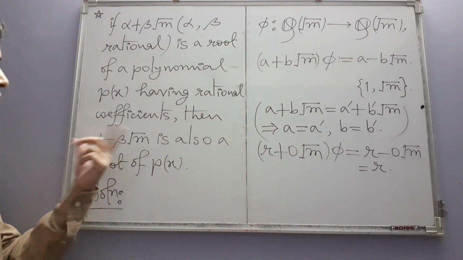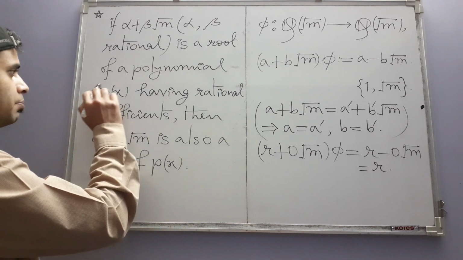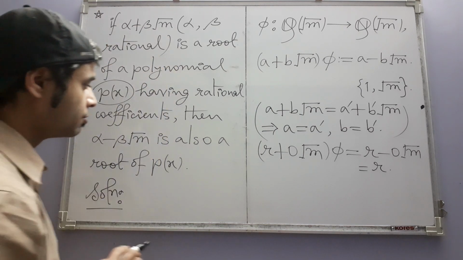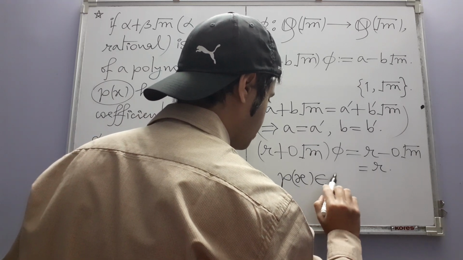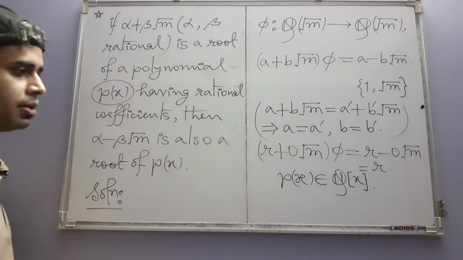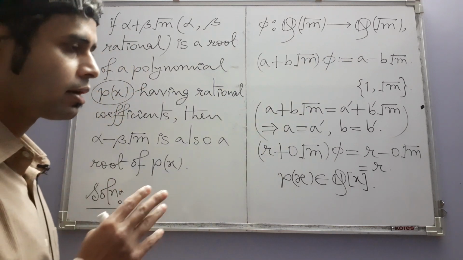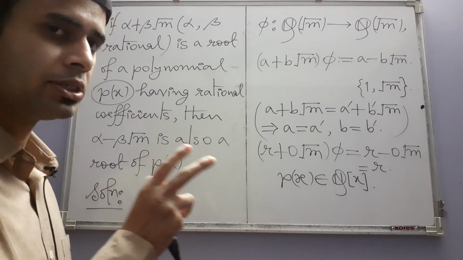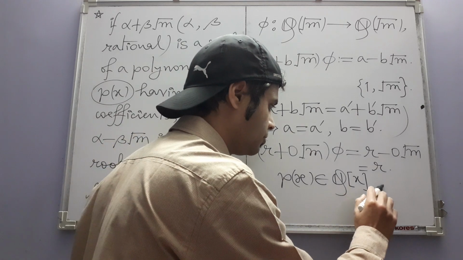Also keep in mind that our p(x), of which this alpha plus beta root m is a root, is a polynomial over the field of rational numbers, and this is an extension of Q. So the result of exercise 11 is applicable here, and that will just give you the solution. So please write the actual formal solution yourself.